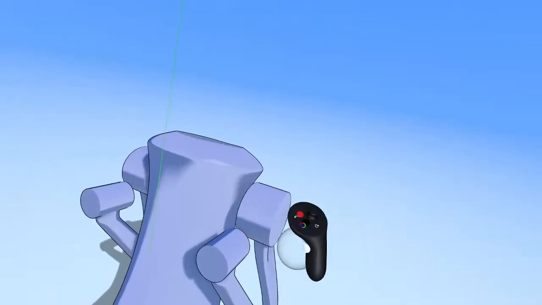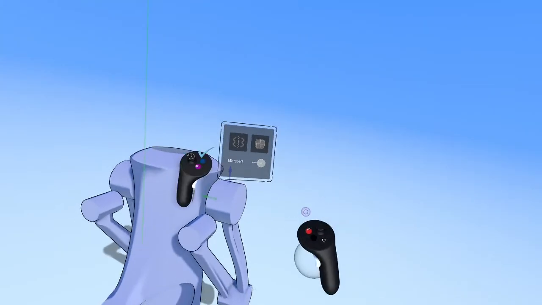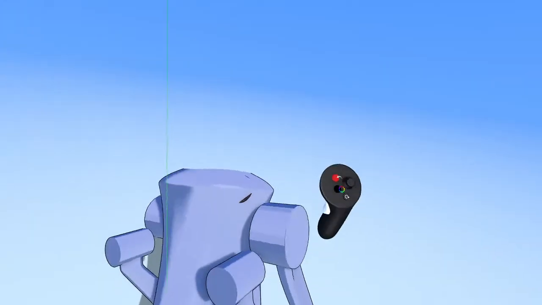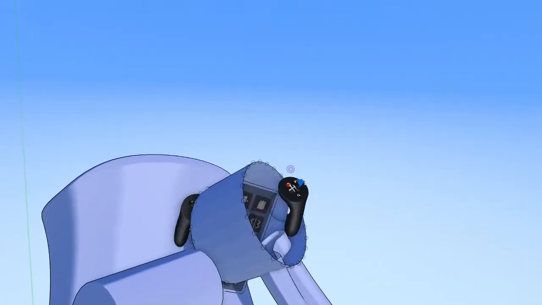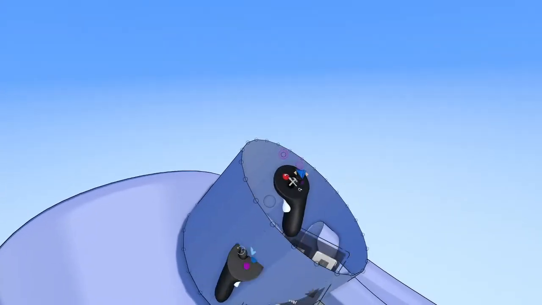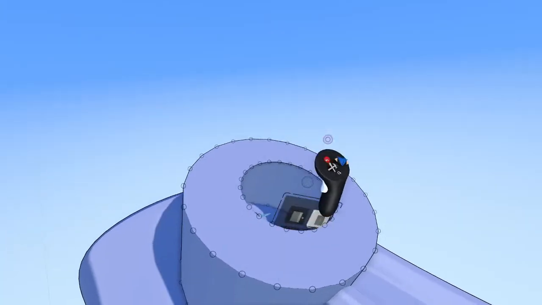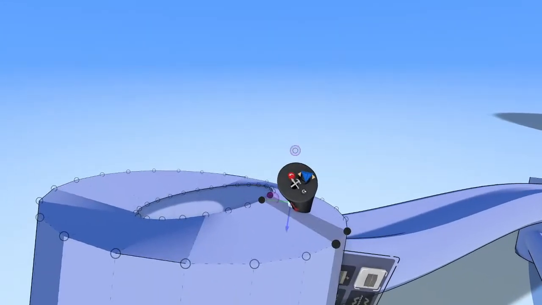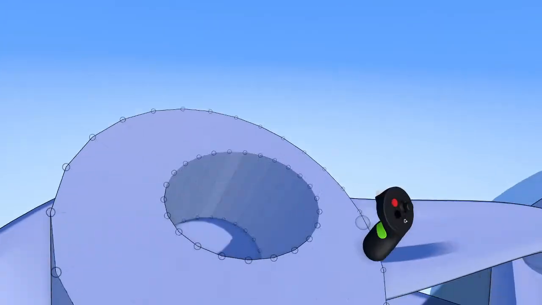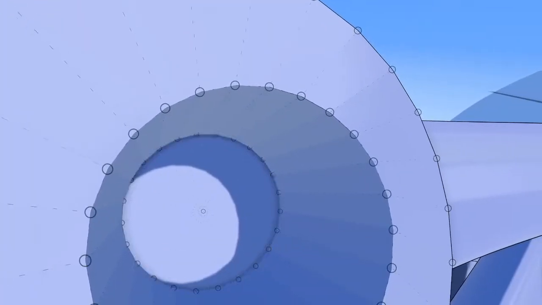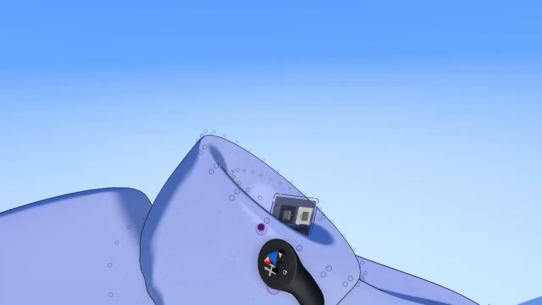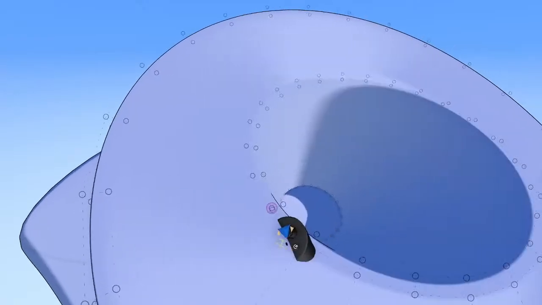Okay, so for more detail on the shoulders here, we can take that, and now that we have our general shape, we can convert it to sub D here, and do a bunch of stuff on top of this. Subdivide that, add some edge loops.